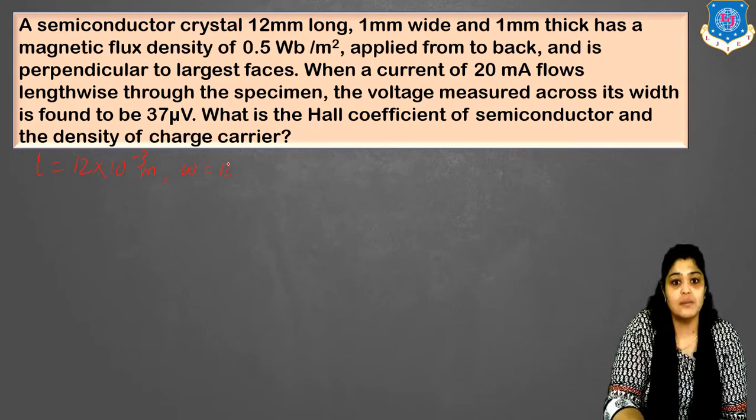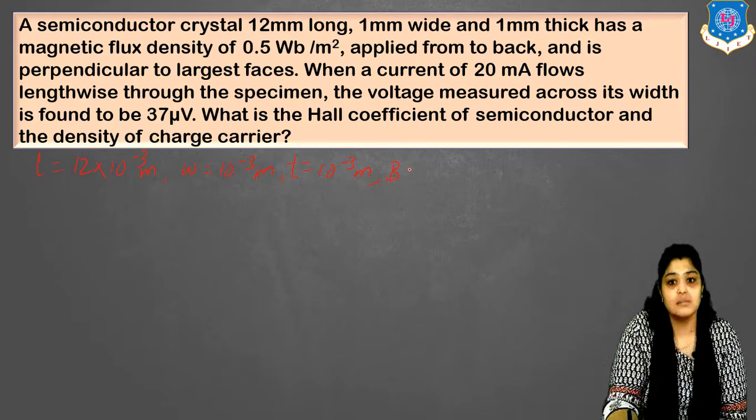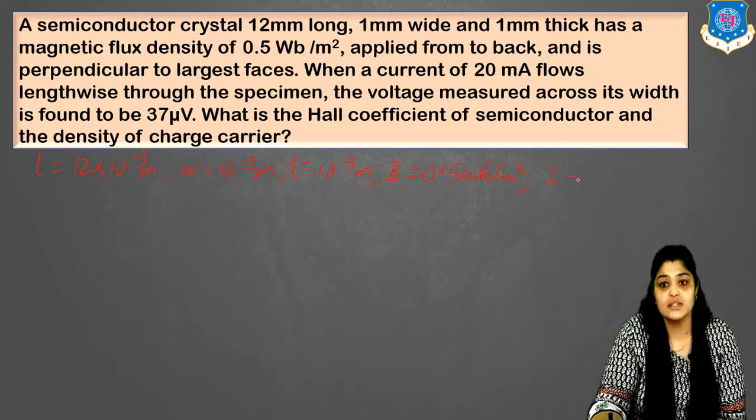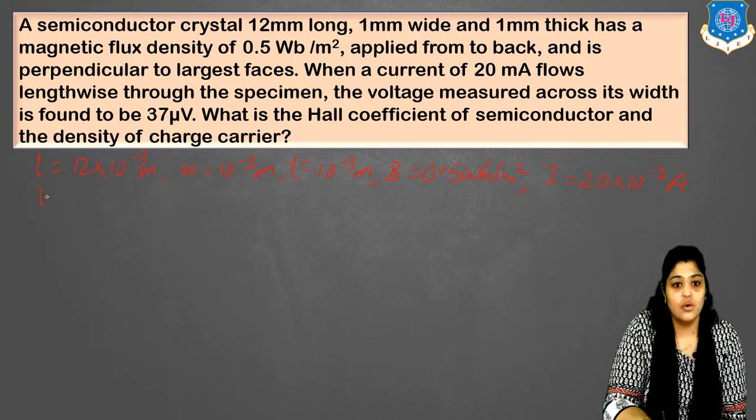Width is 10 raised to minus 3 meters. Thickness is also 10 raised to minus 3 meters. Flux applied is 0.5 Weber per meter square. Current is 20 into 10 raised to minus 3 amperes, and Hall voltage is 37 into 10 raised to minus 6 volt.